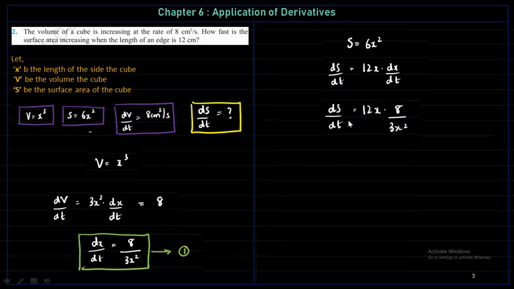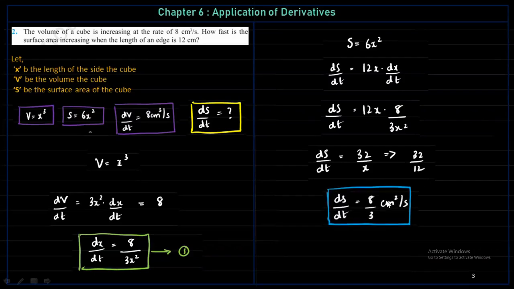So it is going to be dS by dt equal to 12x multiplied by 8 divided by 3x raised to the power of 2. One x and one x will get cancelled out. 12 divided by 3 is going to be 4. 4 multiplied by 8 is going to be equal to 32. 32 divided by x, right? So what is the value of x? When the length of edge is 12 centimeters, you plug in the value of x as 12, simplify, you should be getting your answer, right?